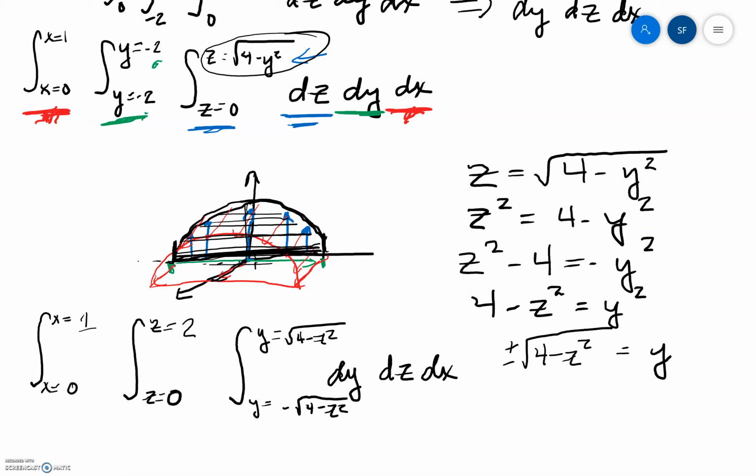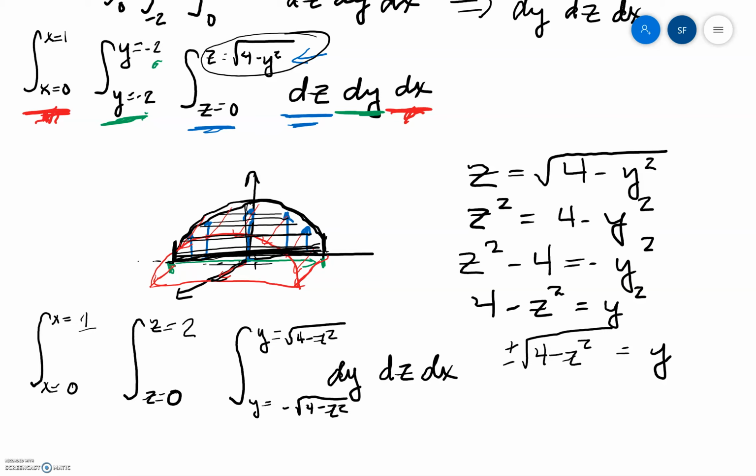It's also important to note that this outermost integral has to have numbers for limits. You cannot put a variable on your outermost integral, or you won't be able to get a number at the end.